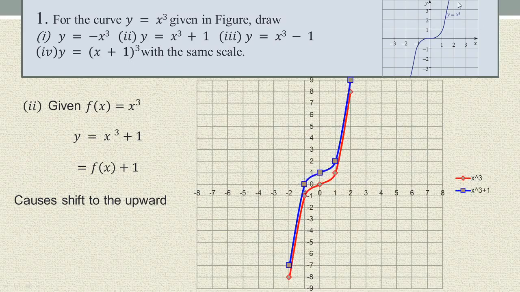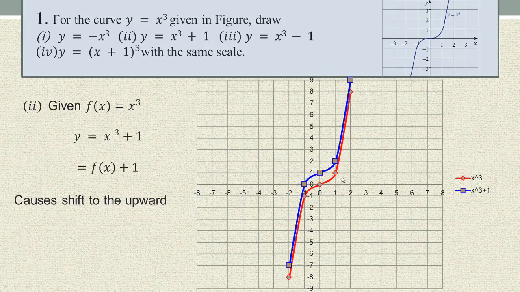We'll draw the base curve in red color. It causes the shift upward by 1 unit. If it is minus 8, it becomes minus 7. Here it is minus 1, and you should shift to 0. Here it is 1, so you should mark 2, and it is 8 here, you should mark 9.